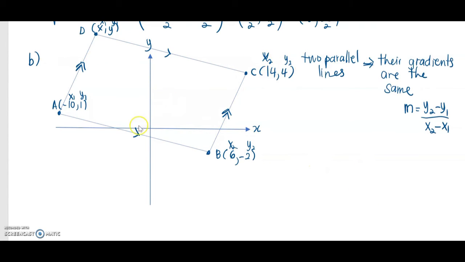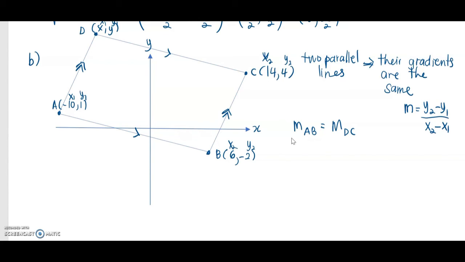Since these two lines are parallel, their gradients are the same. So we can write M_AB equal to M_DC.